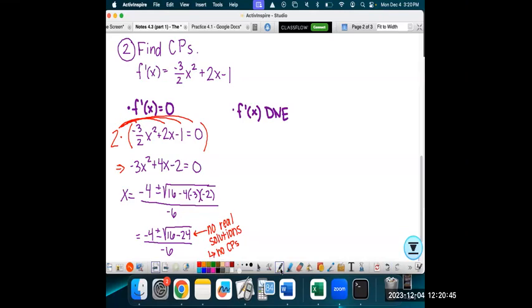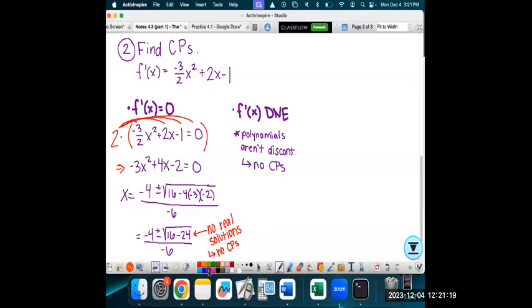Okay, so let's look at where the derivative doesn't exist. So our derivative function is a polynomial. Polynomials don't have any discontinuities. So that tells me that this is not going to have any critical points from where the derivative doesn't exist either.